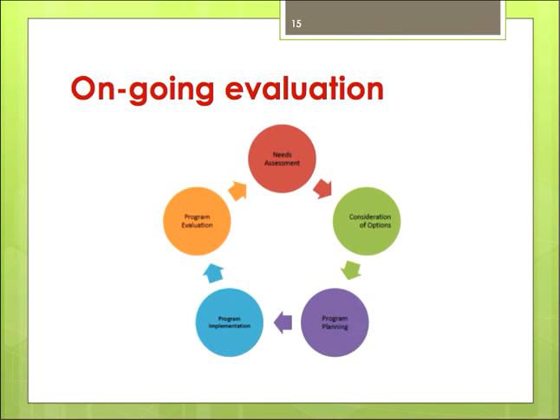So needless to say, I'm a huge proponent of ongoing evaluation, or building evaluation into your work. I've done this very rudimentary project development cycle to show you that evaluation is an integral component of good program development.